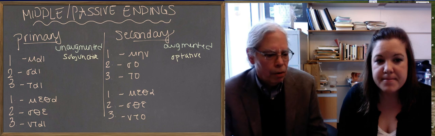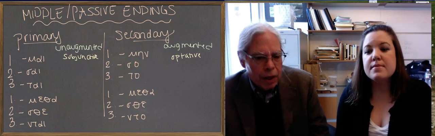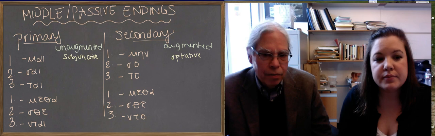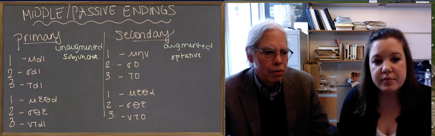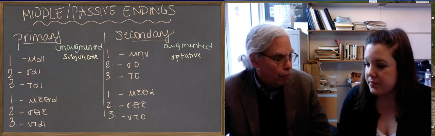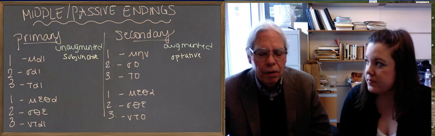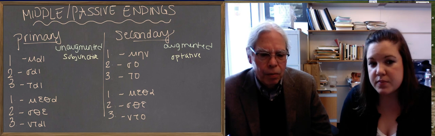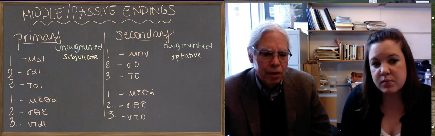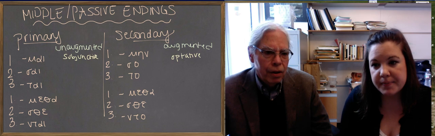The difference between active and middle/passive in Greek is reflected in personal endings only, not the formation rules for the tenses, but in the way that the personal endings are added on. So here they are.